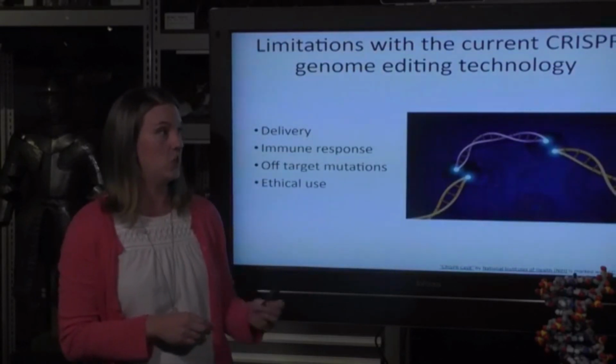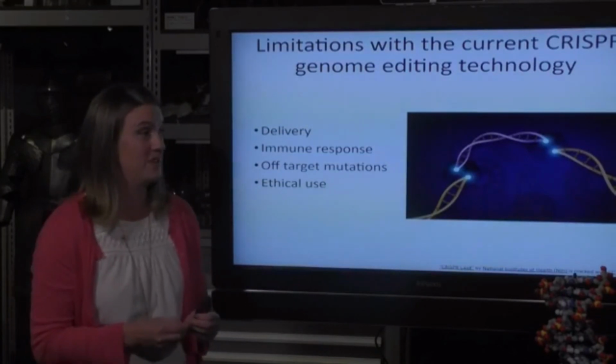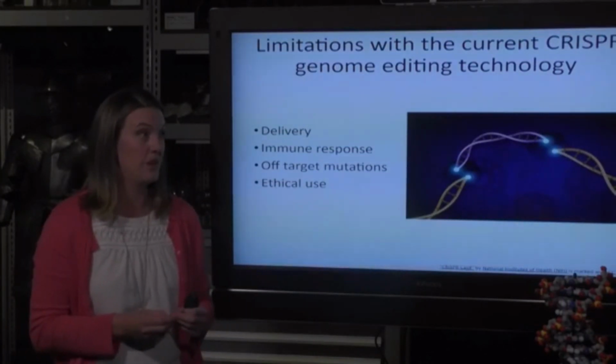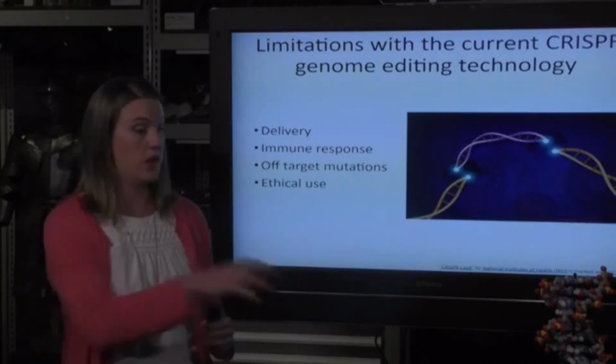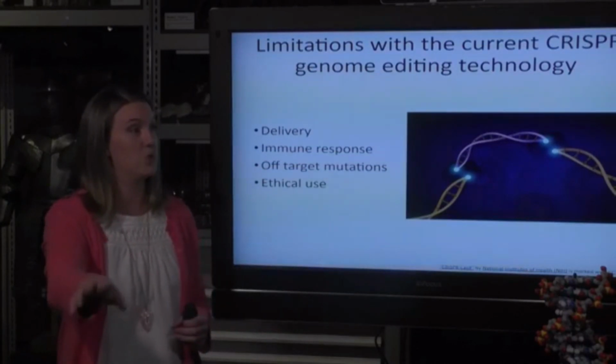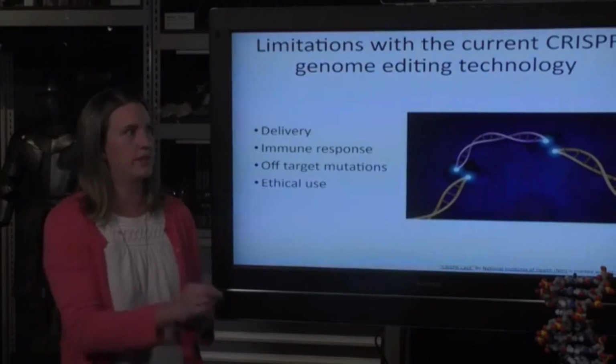Every single change that you make to an organism has to be thoroughly tested for safety before it can make it to market. Because it is a really real risk that you're trying to edit this part of the genome and unfortunately a different edit happens. And so they are working on the technology to make it safer and more precise.